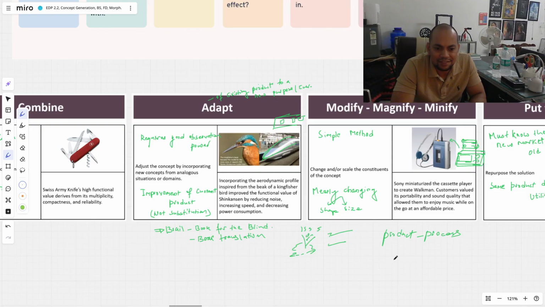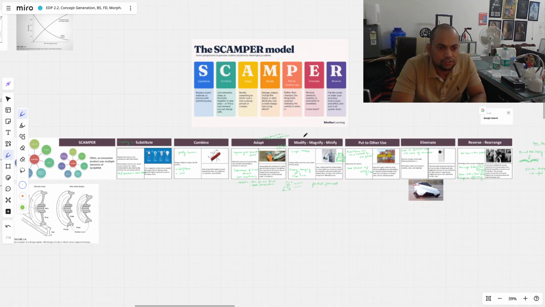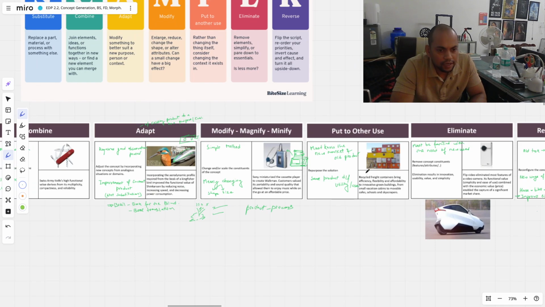One example which comes to mind, and it's very common, is our cell phone. Again and again you can use the cell phone, and you can see that it's using almost every aspect of Scamper.